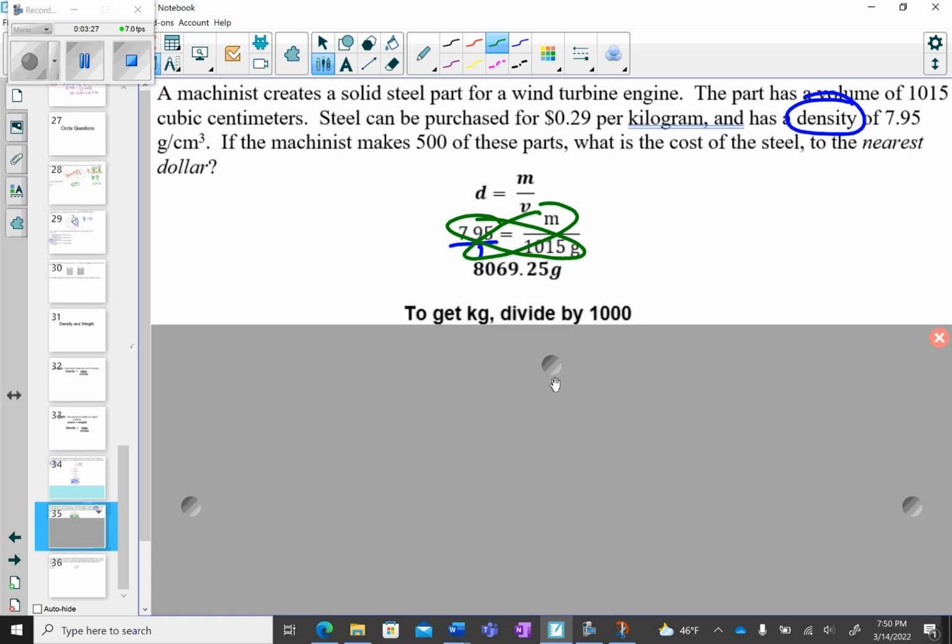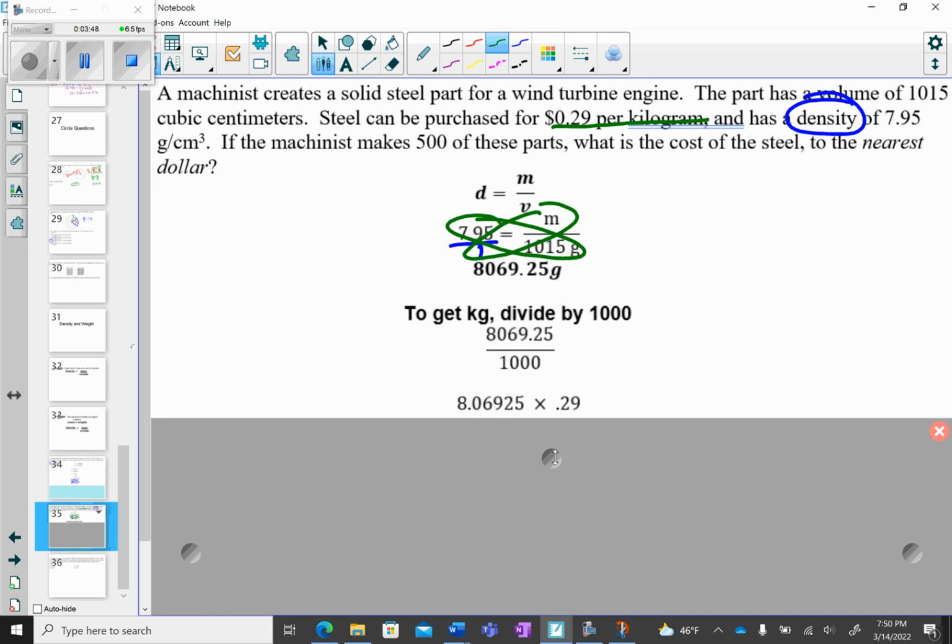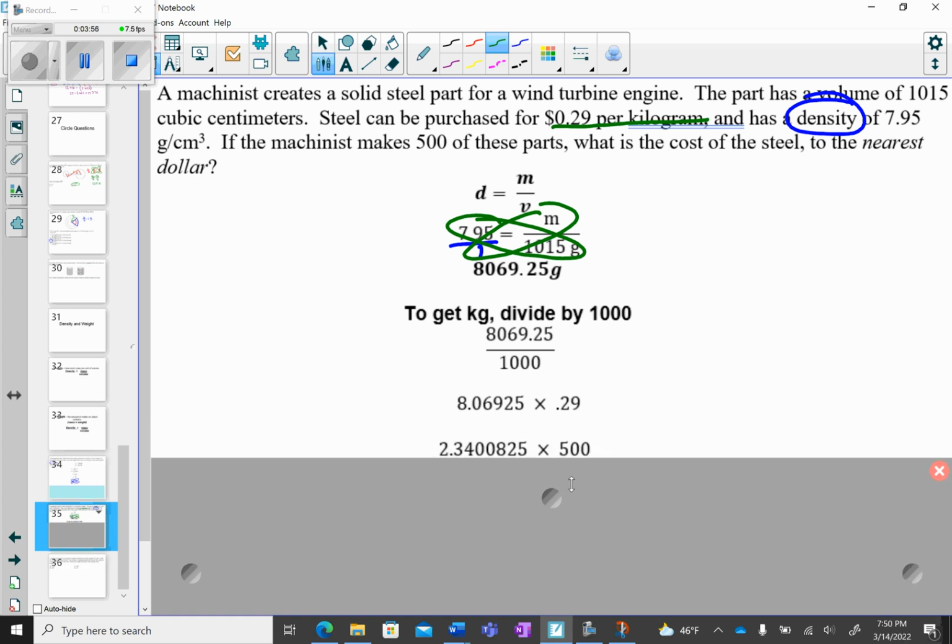Now, the problem with this is it's telling us how much it costs per kilogram, but right now it's in grams, so we want to divide our answer by 1,000 because there's 1,000 grams in a kilogram. So we end up getting 8.06925, and we got to multiply that by how much it costs, 0.29.